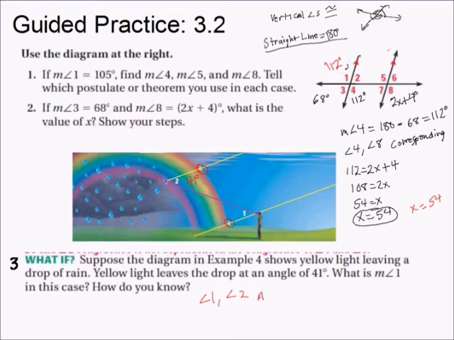So we know that they have to be alternate interior. And since they're alternate interior, then we know that they have to be congruent. So we know that angle 1 has to be 41 degrees as well. The measure of angle 1 is equal to 41 degrees.